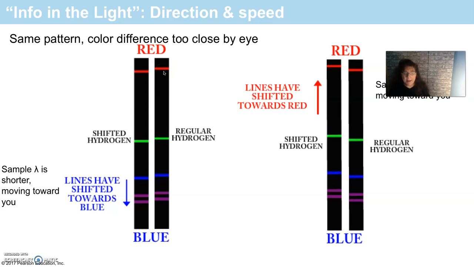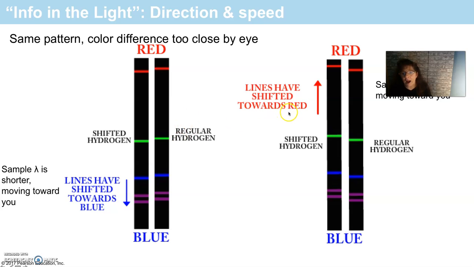If you had a shift as though the sample of hydrogen was coming directly toward you, the star was coming toward you with all of its hydrogen, you would shift these lines to just a bit bluer, to just a bit more purple. You can't even see the difference with your eye, but a spectrograph can. It's called a blue shift. It's just moving the colors a little bit more blue. It doesn't mean that it looks more blue because you can't tell the difference, but a spectrograph can.